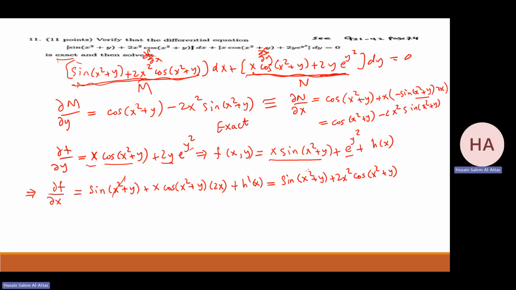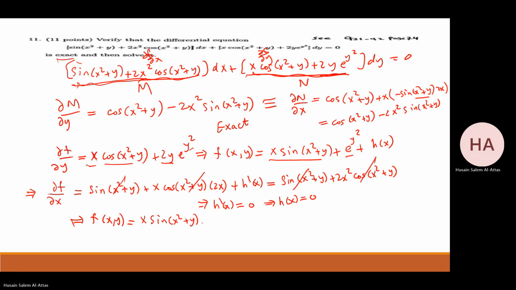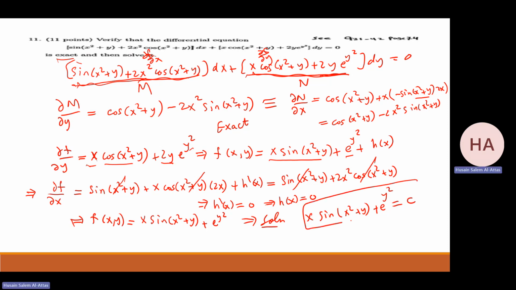So h prime equals 0 means h is a constant. So f of x and y will be all of this. So it's my solution. This f equals c. That will be my solution.